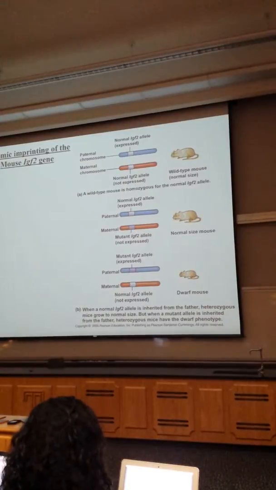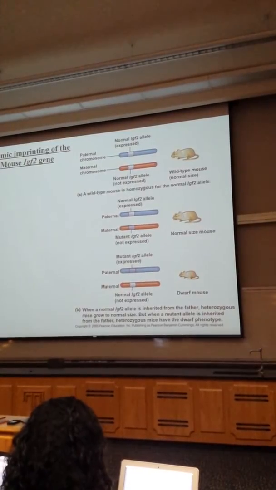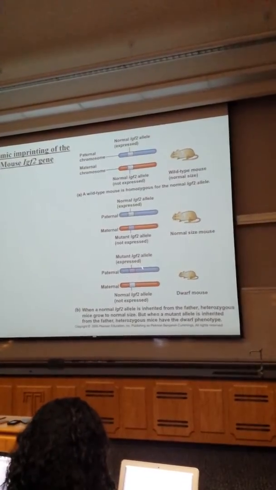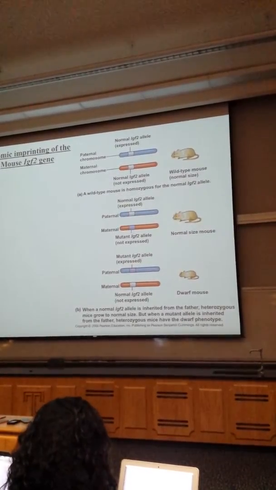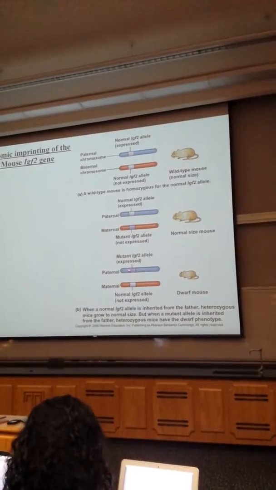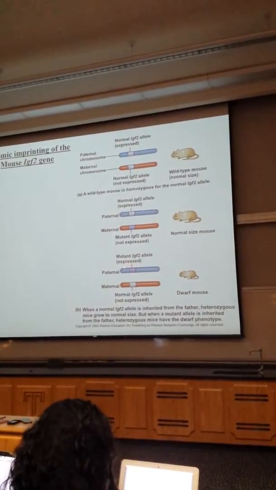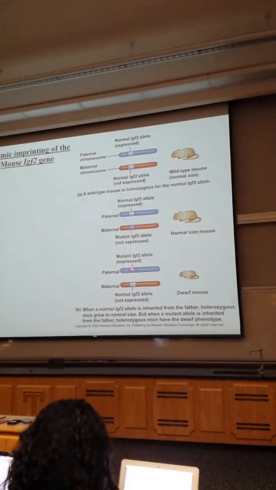However, if you mutate the allele that is expressed, you're going to have an effect, right? In this case, they mutated the allele that's expressed, of course, from the paternally derived chromosome 7. So you didn't have proper levels of insulin-like growth factor in the developing animal, and you got a dwarf mouse. Okay?